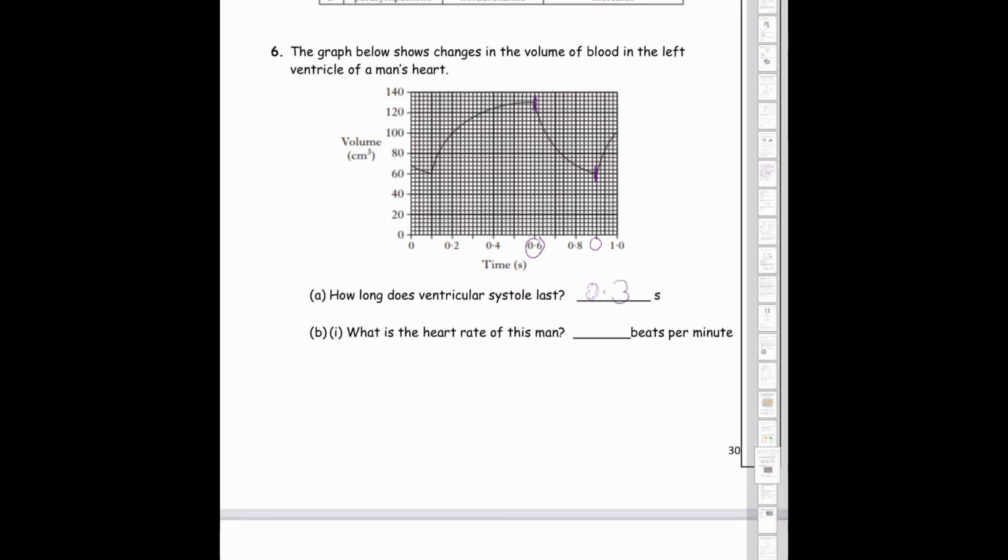The heart rate of this man, so remember it's 60 divided by a cardiac cycle. So we need to work out the length of one cardiac cycle. So we can go from this point here to this point here. So 0.1 to 0.9, so that's 0.8. 60 divided by 0.8 is 75 beats per minute.